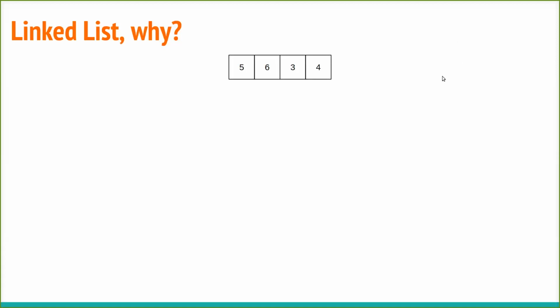Cool. So before we move on to linked lists immediately, I briefly want to discuss why they exist, because without knowing the theory for why they exist, they'll be slightly more difficult to understand. So in order to understand why linked lists exist, we actually have to go back and think about arrays. I've got an array at the top of the screen there: 5, 6, 3, 4, those are the items in our array of integers.